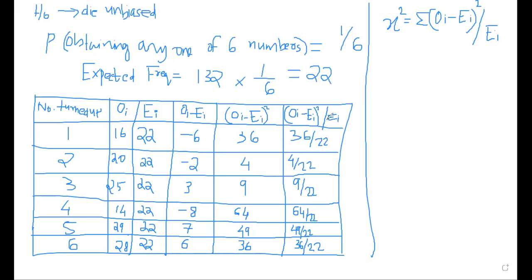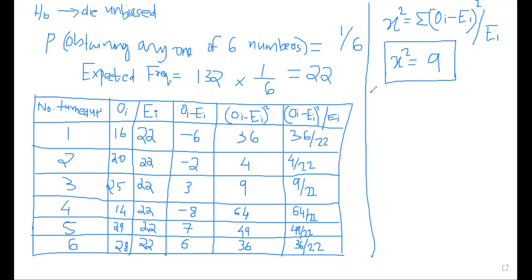You have to add all these values, and you will get the chi-square value. The chi-square value is equal to 9. This is the calculated value.